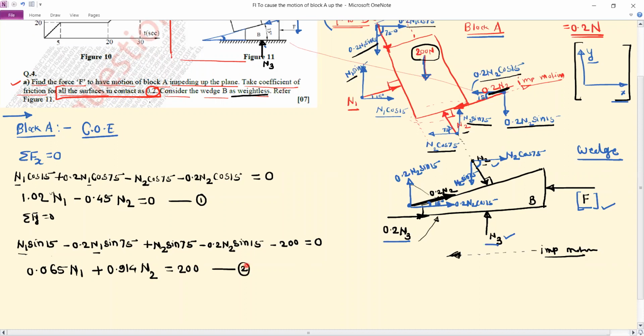So this is your second equation. Now solve the equation 1 and equation 2 simultaneously. So you can use the equation mode.